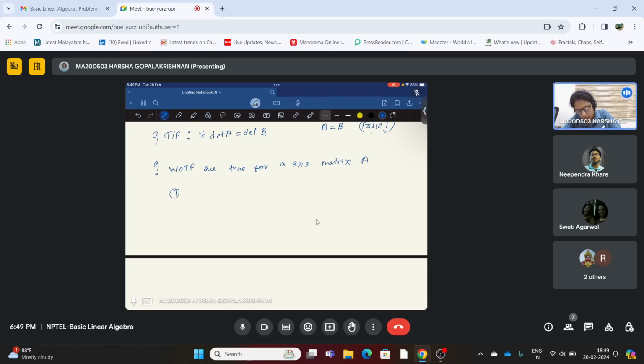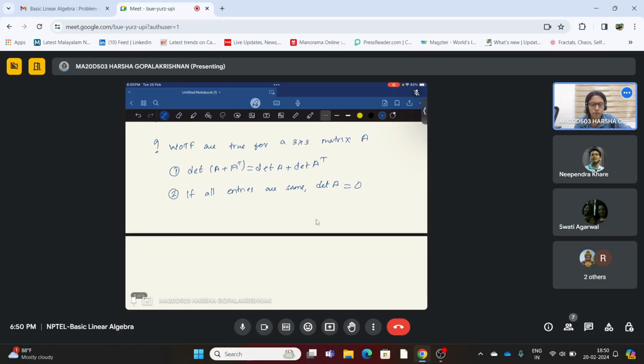Statement 1: the determinant of A plus A transpose equals the determinant of A plus the determinant of A transpose. Statement 2: if all entries are the same, the determinant of A equals 0. Which one is true in this? Which one is false?